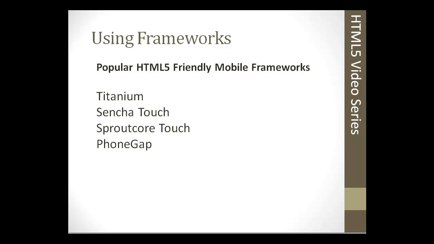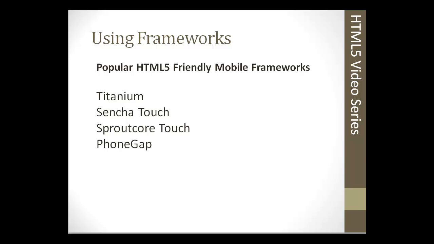Now, Titanium I've used, and it's a little different than the other three. It doesn't deal so much with HTML5 itself, but it takes JavaScript code, analyzes and pre-processes it, and then pre-compiles it into a set of symbols that are resolved based on your application's use of the Titanium API.